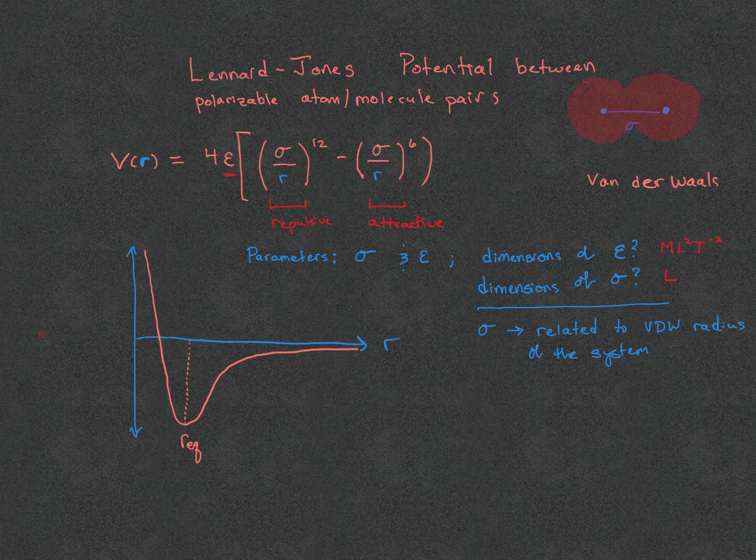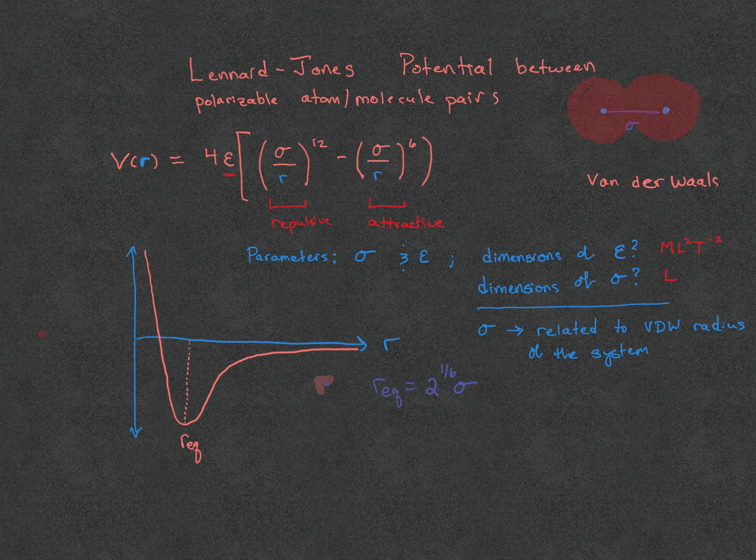There's also the equilibrium separation between those two particles, which is also related to sigma. It has a very funny value. So this R equilibrium occurs, the equilibrium separation happens to be at the value 2 raised to the 1/6 times sigma.